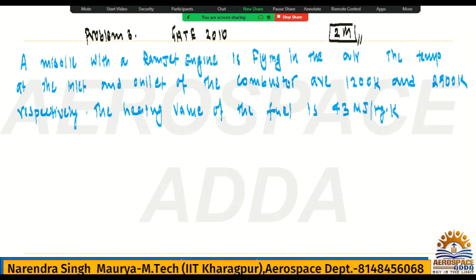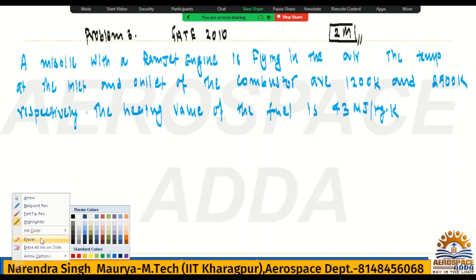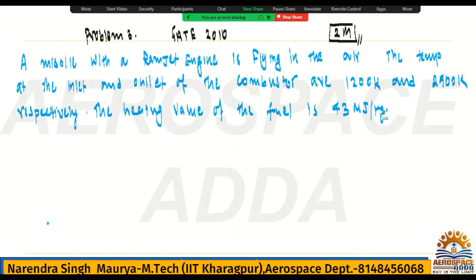Sorry, per kg only, not Kelvin, because it's a heating value, not a specific heat. And the burner. What is the burner? Burner is combustion chamber, or combustor.